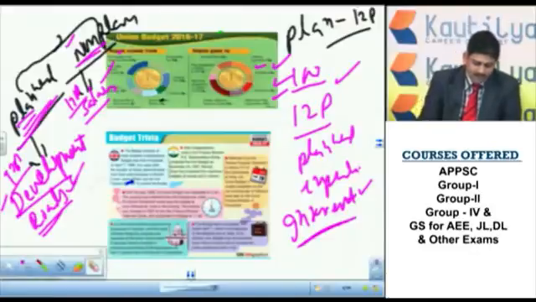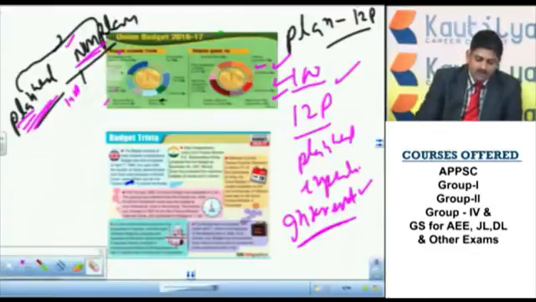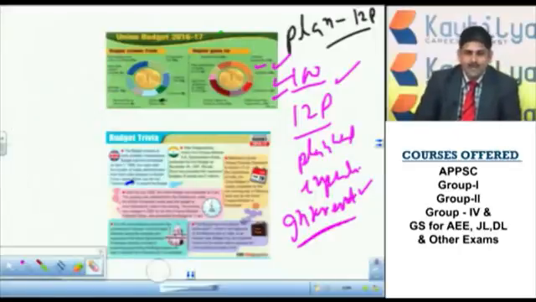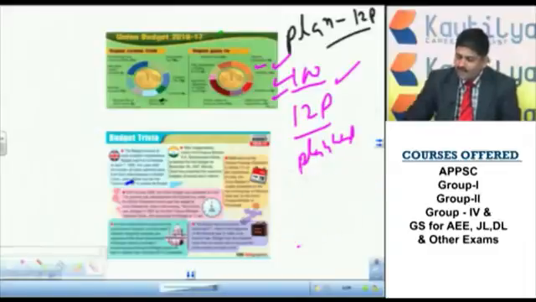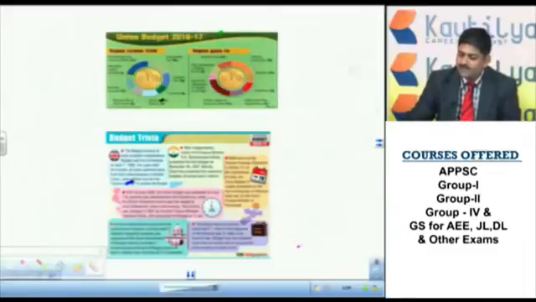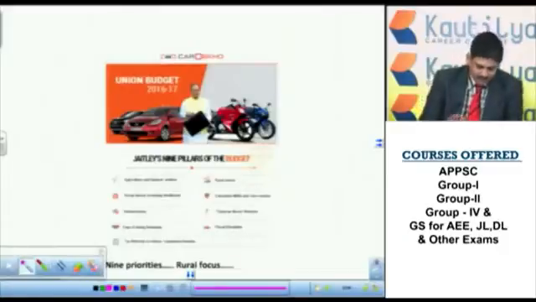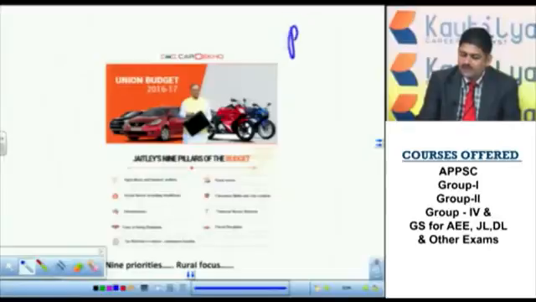So when this issue will not be there in the near future, it may not be important from the examination point of view. So these are the important things as far as the budget is concerned. Next, every time in the budget, the government gives priorities.